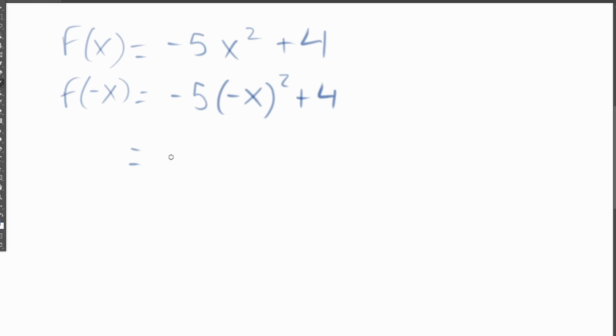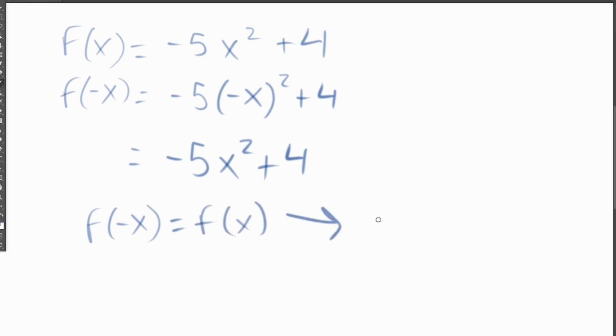And so this will give us negative 5x squared plus 4. So we see that f of negative x equals f of x, and so that means that this is an even function.